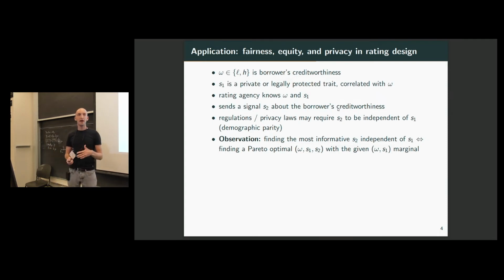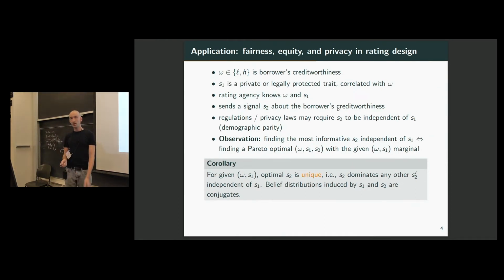And using the theorem from the previous slide, we get the following corollary. So for given omega and S1, optimal S2 is unique in the following sense. There exists S2 that dominates any other signal S2 prime that is independent of S1. And not surprisingly, the beliefs induced by S1 and S2 are conjugates.